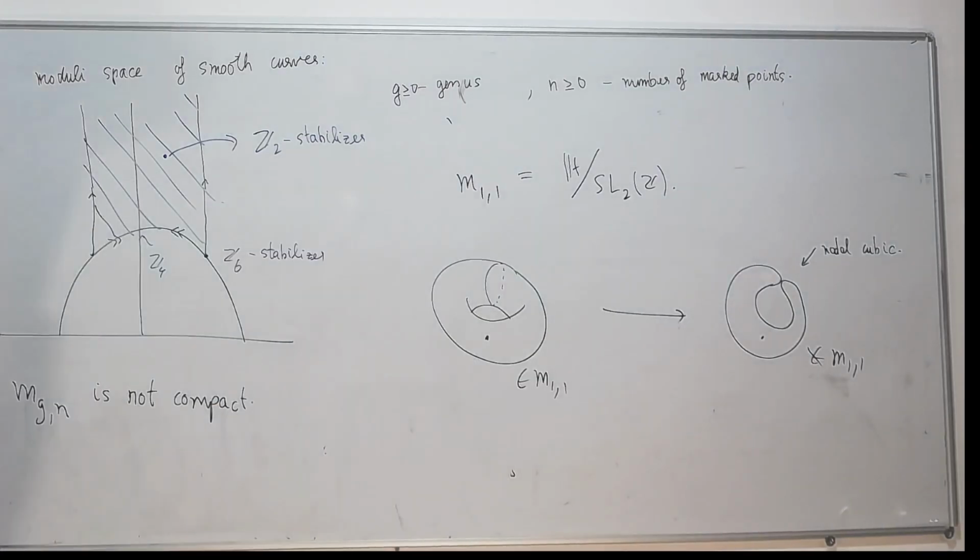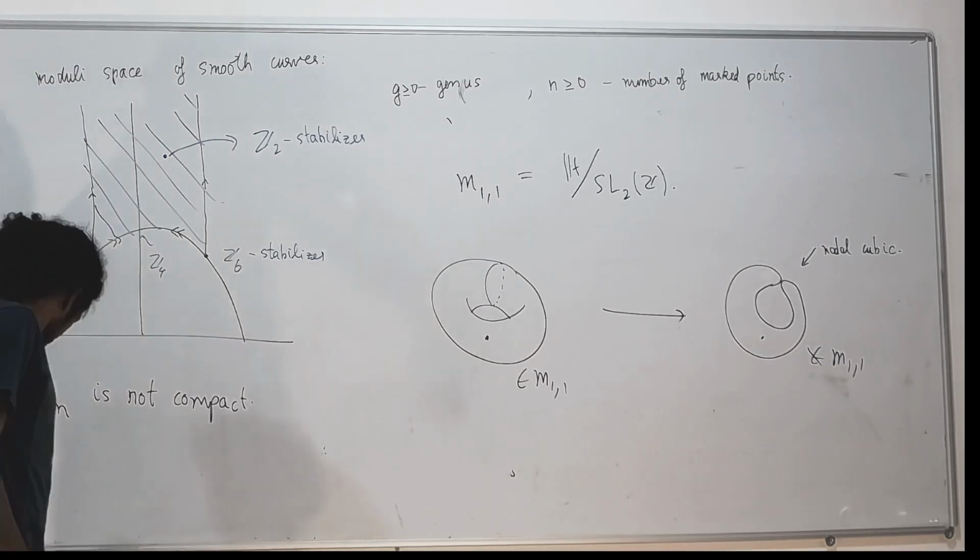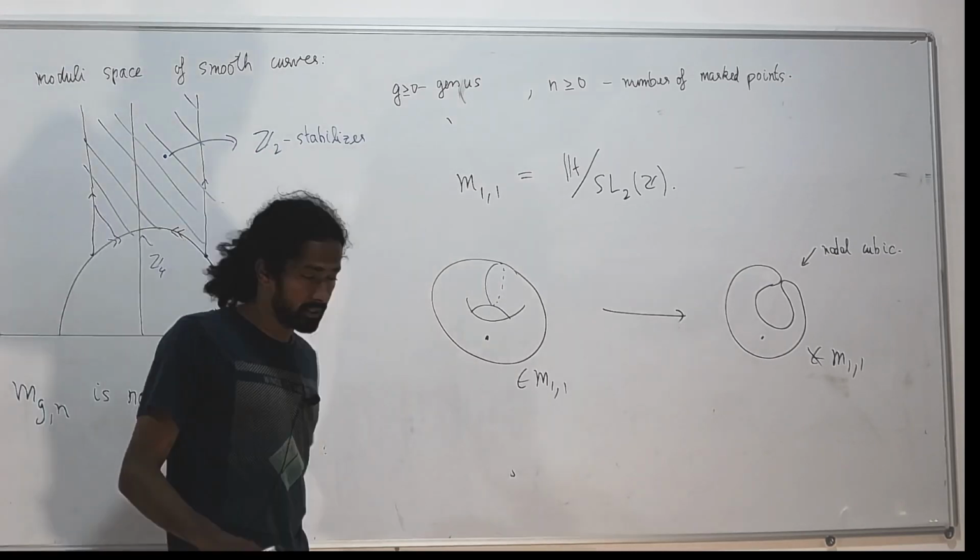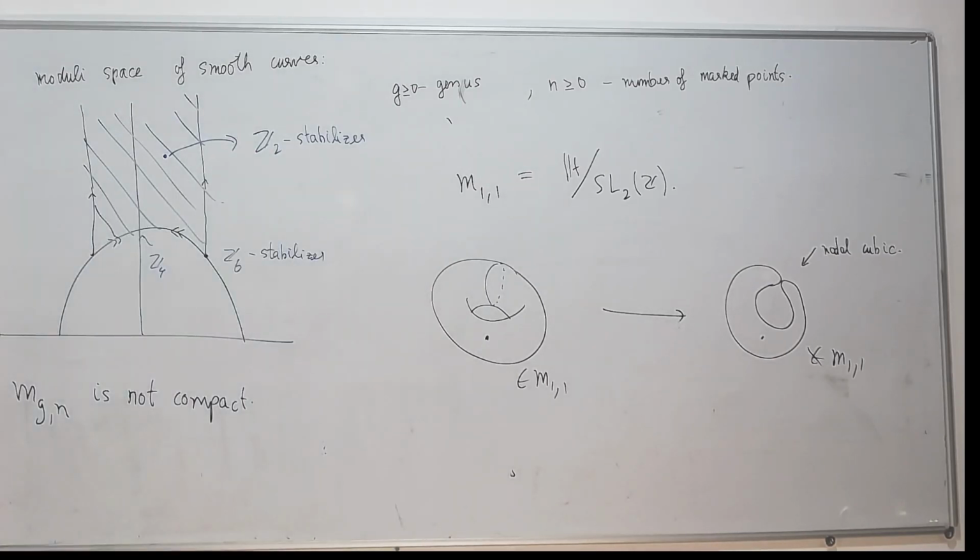The point of this picture is that if we want something compact, which we like, because projective compact things are really nice, you can do intersection theory on them, for example, we would like to have something compact. That brings me to the compactification.